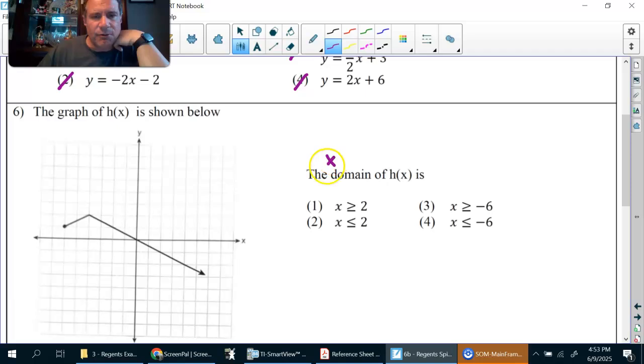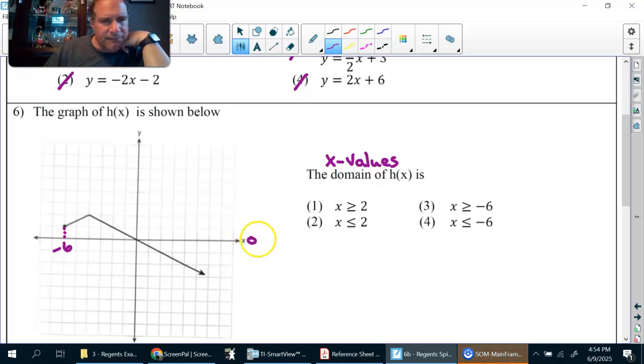Domain is a list of all x values of a graph. So this one stops right there. So this is negative 1, negative 2, negative 3, negative 4, negative 5, negative 6, and then it goes to infinity.